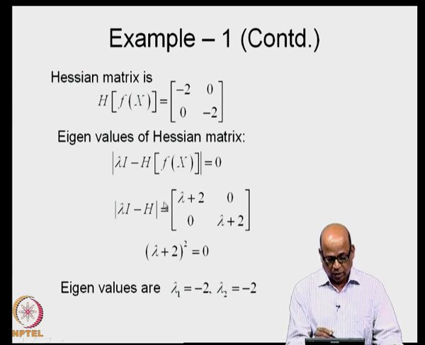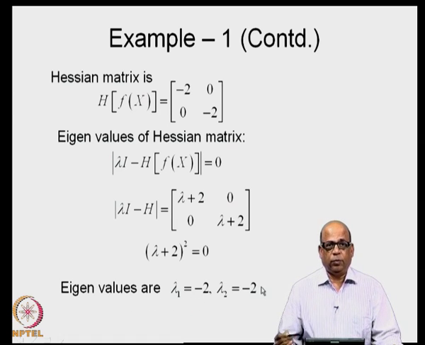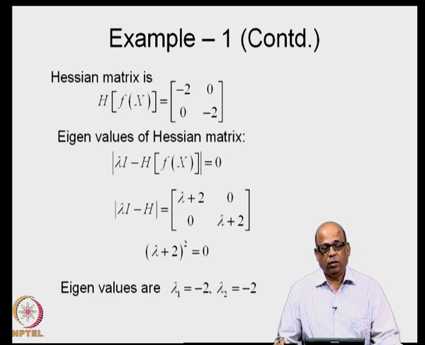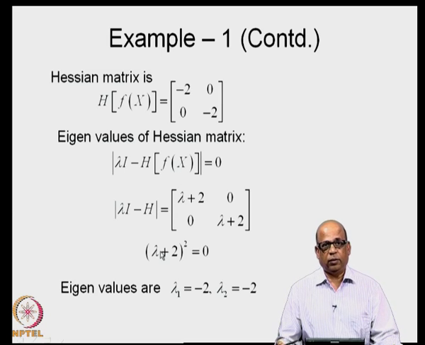We write the determinant of lambda I minus H as lambda plus 2, 0, 0, and lambda plus 2 again, which gives the lambda values, the eigenvalues, as minus 2 and minus 2. So, lambda 1 is minus 2, lambda 2 is minus 2. That is, there are two roots of this, and both the roots are minus 2.